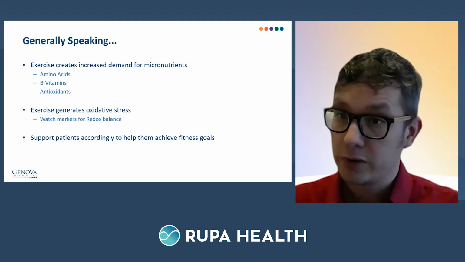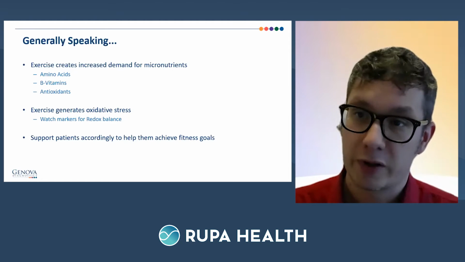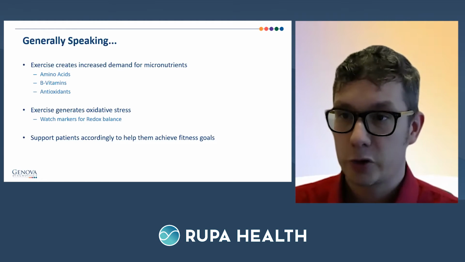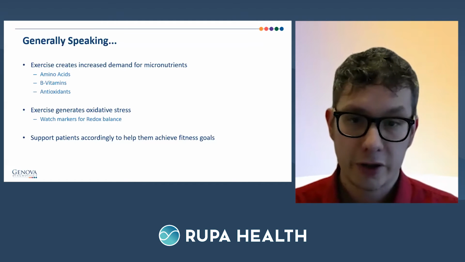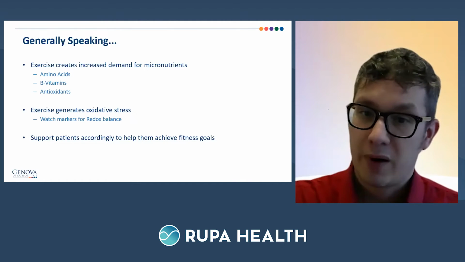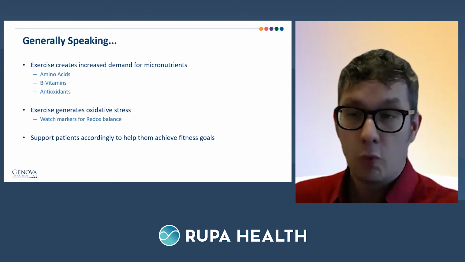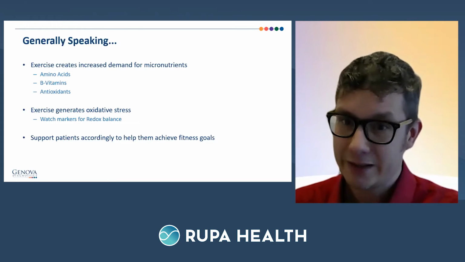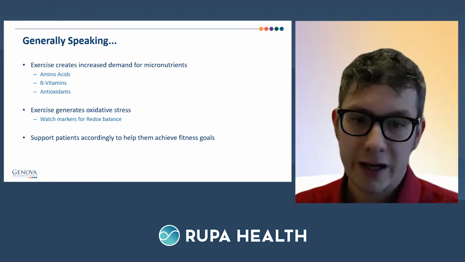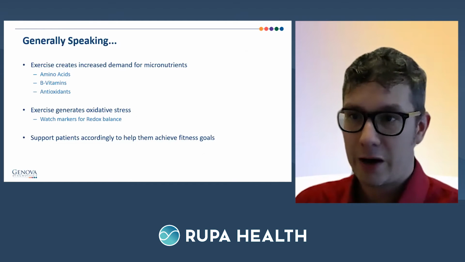And also CoQ10 is very, very important from the perspective of protecting the mitochondria, but then also creating energy. So that is really important to keep in mind and compare to what their results for their oxidative stress is, right? So you want to watch their redox balance. That's going to be how you really support people.